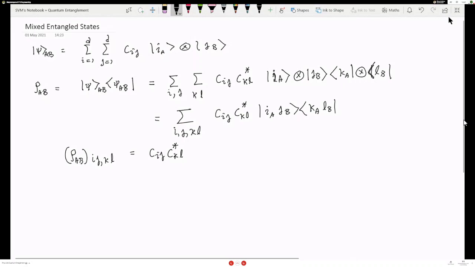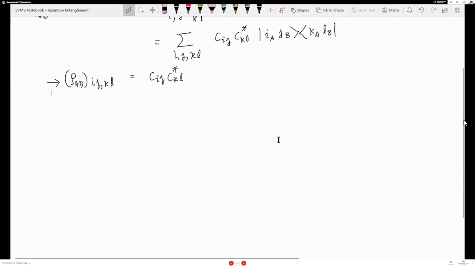That is, if you are imagining this as a matrix, then the ijkl component is this one.